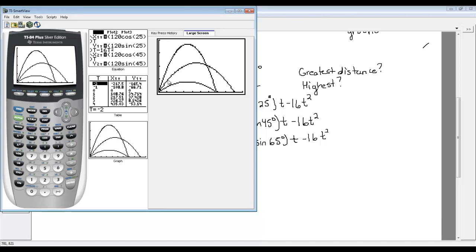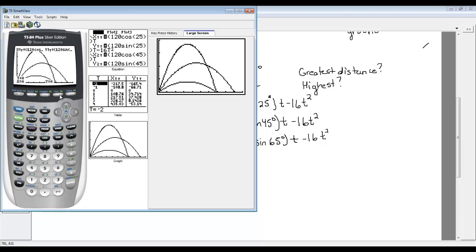Golf ball 2 at the higher angle of 45 degrees goes higher and actually goes further. Golf ball 3 at 65 degrees goes really high, but then drops down before golf ball 2 did. So it travels the highest but not the furthest. So golf ball 2 traveled the furthest, golf ball 3 traveled the highest. And the question's asking how far, how high.